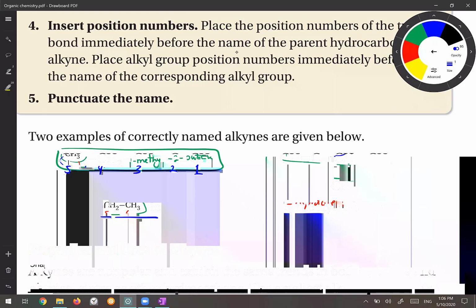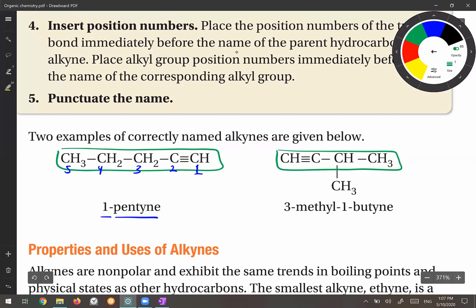The molecule at the right side has a branch, so you must find the parent chain which contains the triple bond. This is the parent chain. You have to number the parent from the left side because the triple bond would receive a smaller number. It's carbon number 1, carbon number 2, carbon number 3, carbon number 4. But look what happens if you number it from the right side.